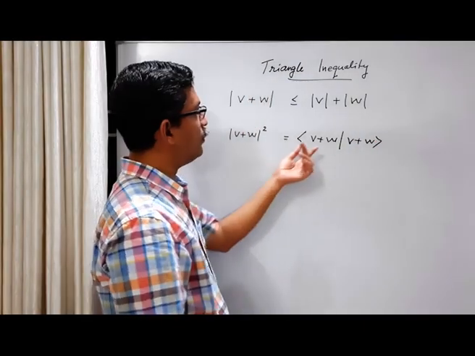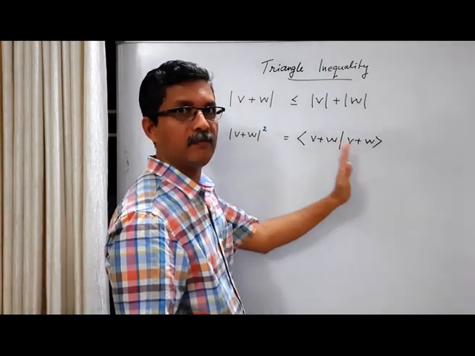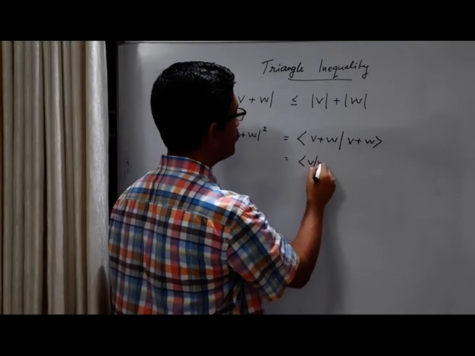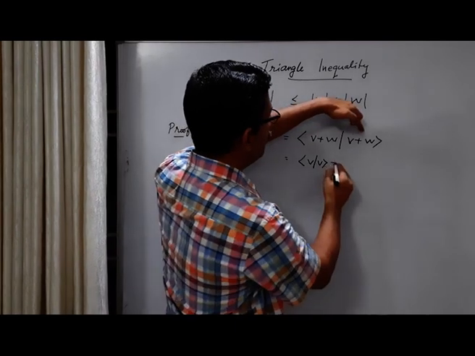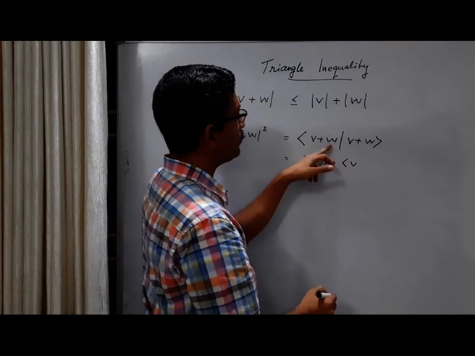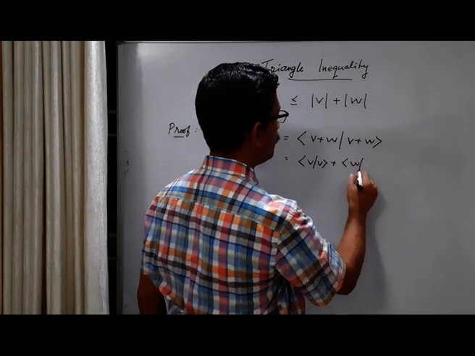Again, you have two terms in the bra vector side, two terms in the ket vector side. Let us expand, we will get four terms. So what is this? Inner product of v with itself, then v with w. First I will write inner product of v with itself and then w with itself.